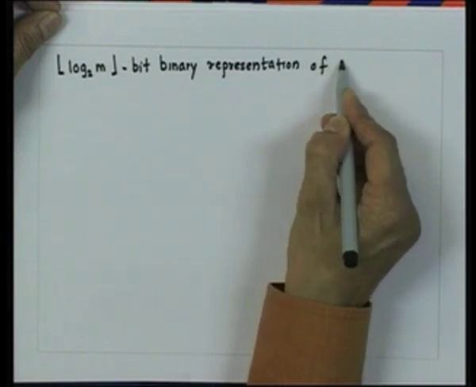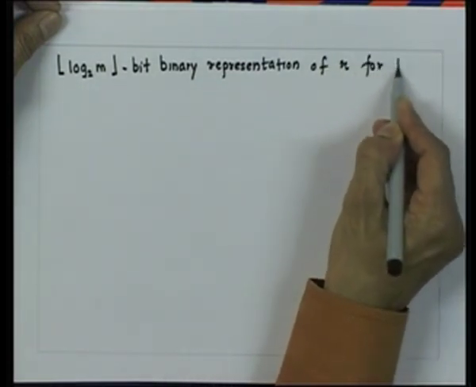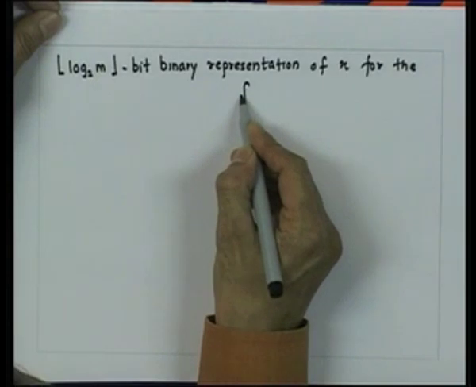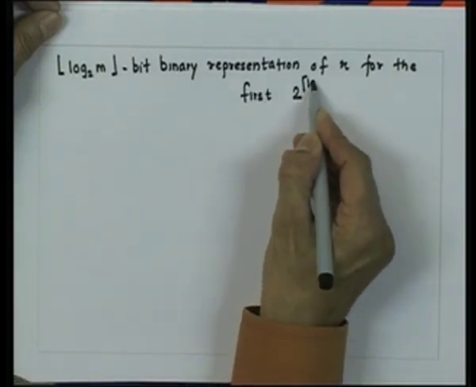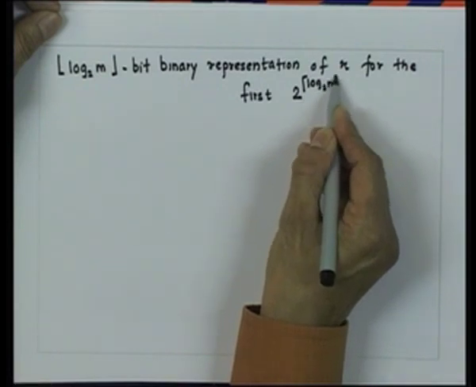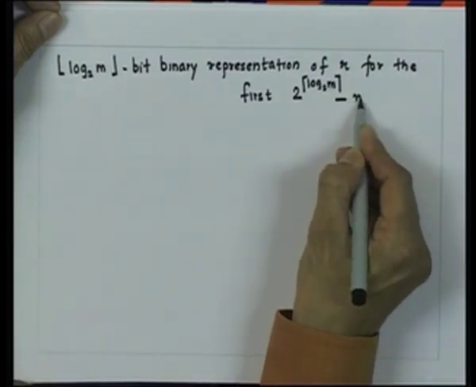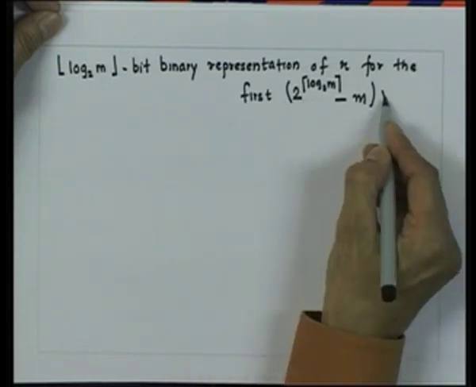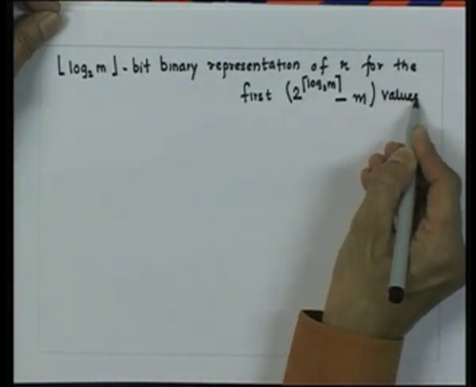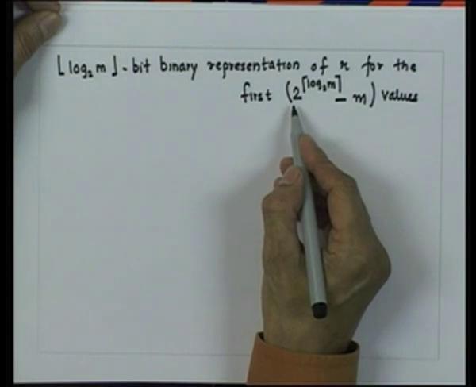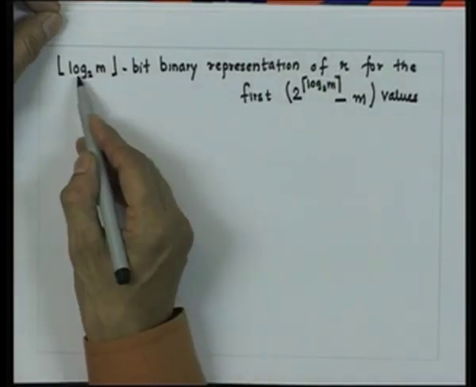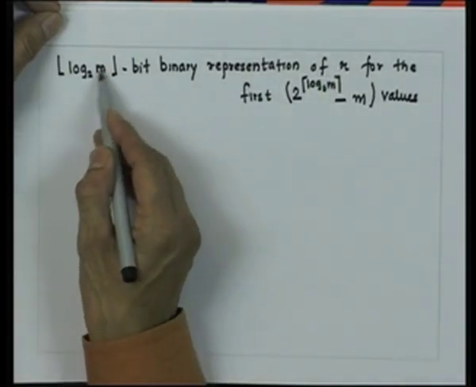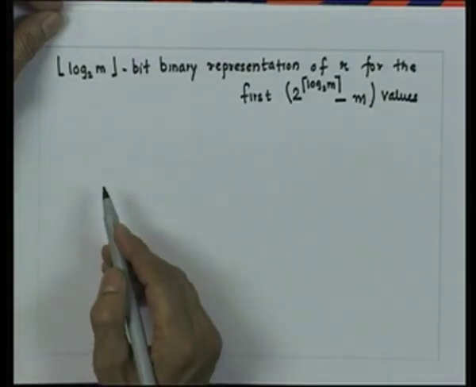For the first 2 raised to the ceiling of log 2 m, minus m, values of r, that is, for all the values of r which are less than this quantity, we represent r by the floor of log 2 m bit binary representation.